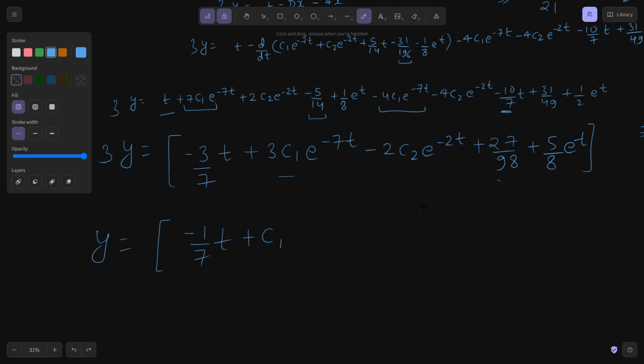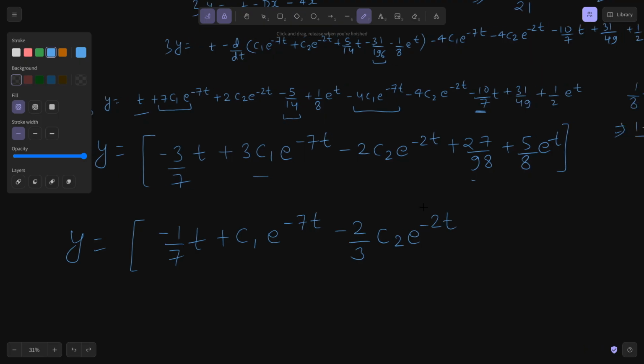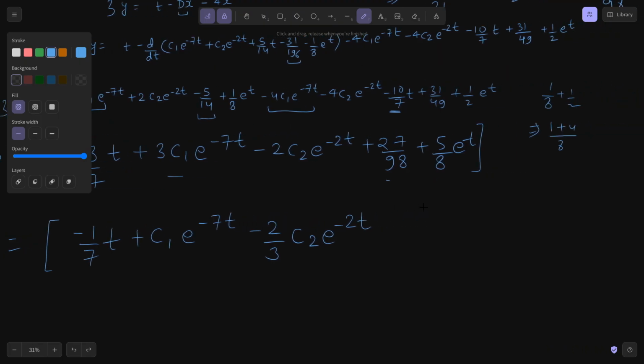plus c1 e power minus 7t and minus 2 by 3 c2 e power minus 2t. 27 by 3 is 9, so this will be 9 by 98, the constant term.